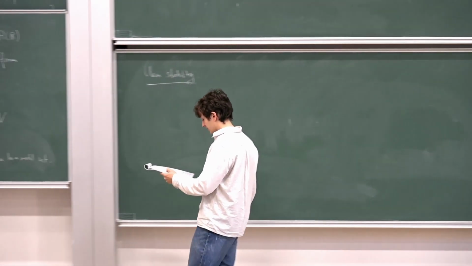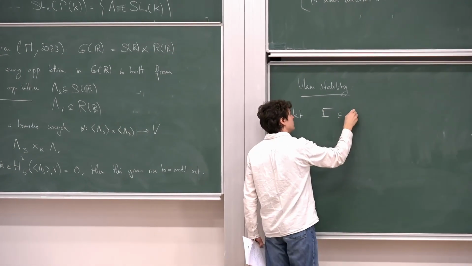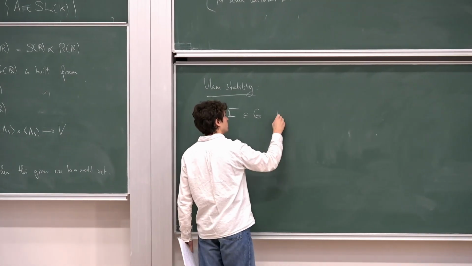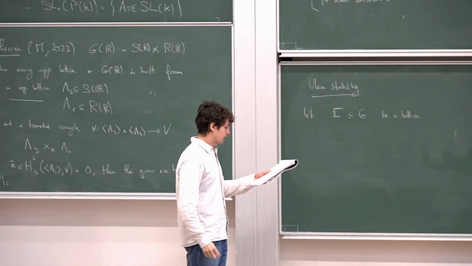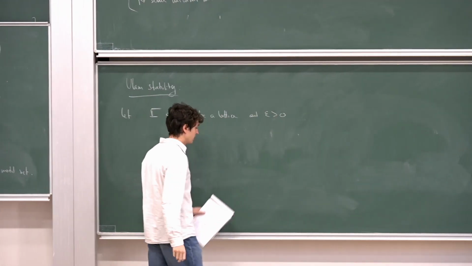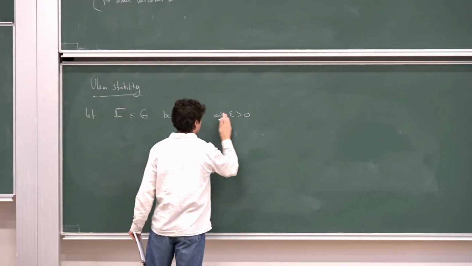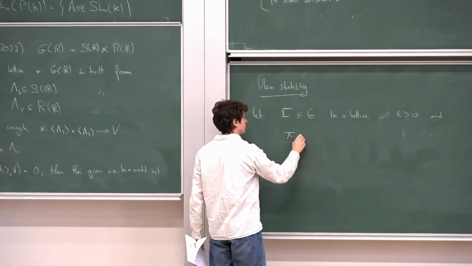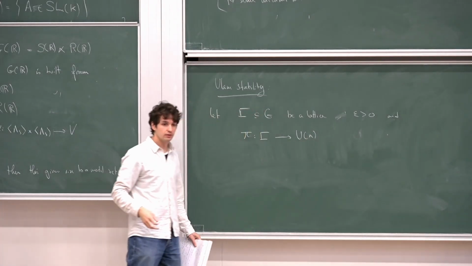The setup might be a little silly, but if you take gamma, a lattice in some locally compact group, and you choose epsilon greater than 0, and an epsilon representation, so some map pi from gamma to U(n) for some n, okay?